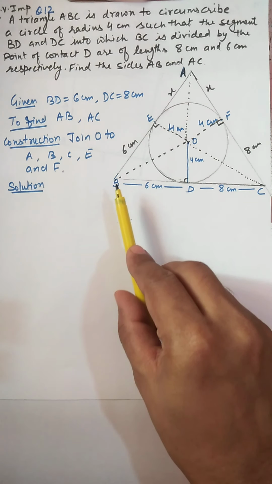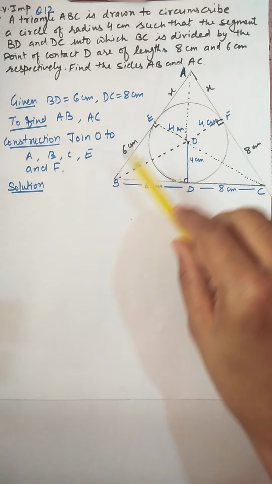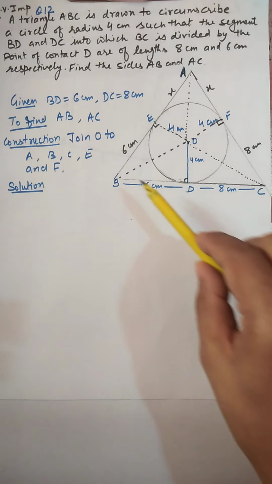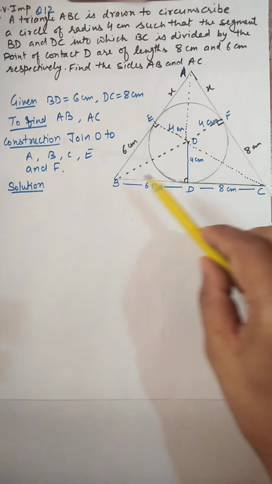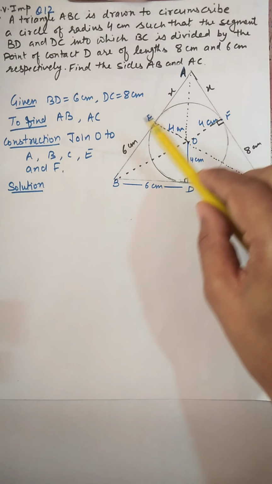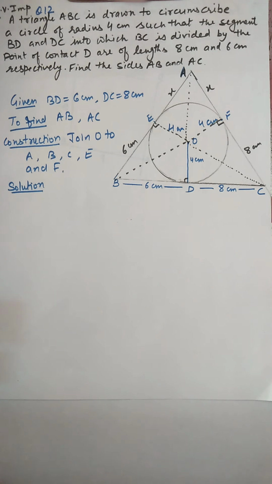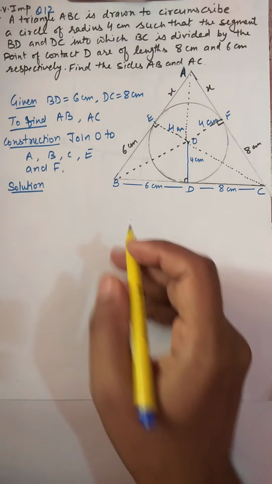Now you see this BD is 6 centimeter, so BE will also be 6 centimeter because the tangents drawn from an external point to a circle are equal in length. Similarly DC is 8 and CF is 8, and this we have assumed as AE as x, so AF will also be x. So this is from where we will start the question.